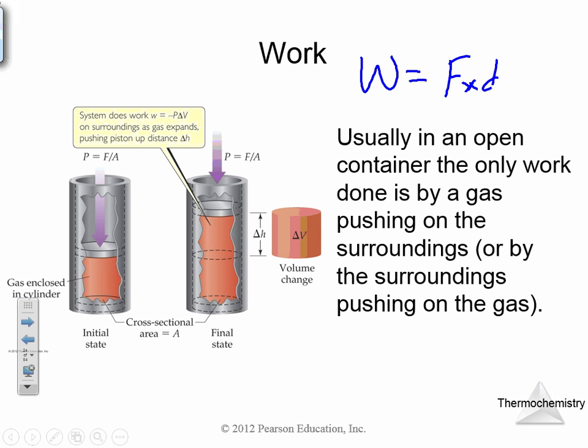So work. Let's talk about work again. Work in an open container: the only work done by a gas is the pushing on its surroundings. So if we have a piston, a gas enclosed in a container, the only work done is the gas pushing that container. Now, we have two keys at work here.